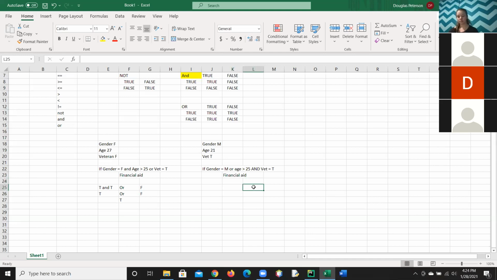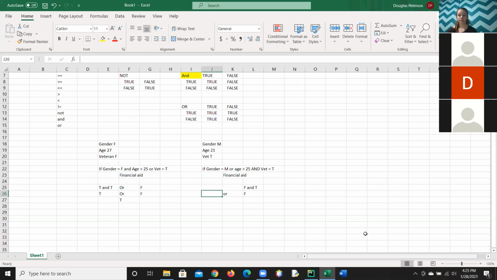So again, here, what are you going to do first? Well, the and takes precedence over the or. Right. So is he over 25? No. Okay. So we got a false, and he is a vet though, right? Yeah. So that gives us a false there. Okay. And then here we've got an or, and his gender is male, and so this one is what?